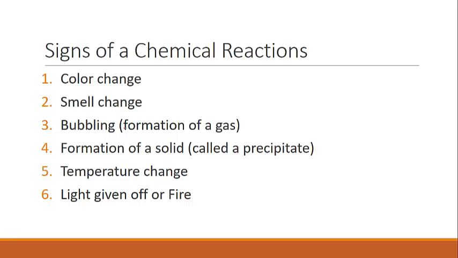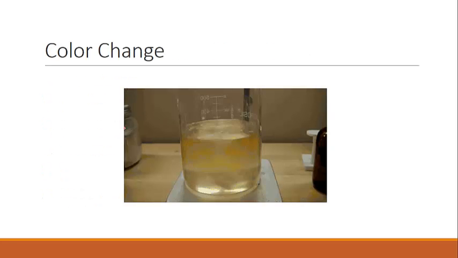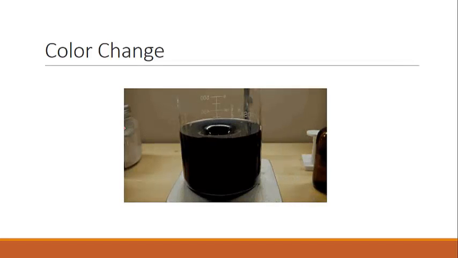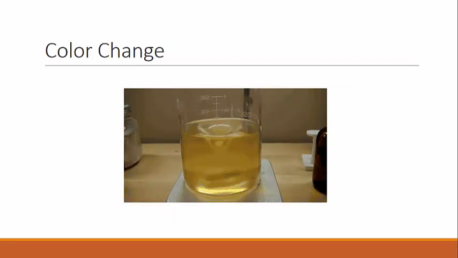So for some of these, I wanted to show you examples of what these would look like. And so the next few slides are just going to show us some examples of chemical reactions. When we see a color change, such as in this video, this is a really dramatic series of chemical reactions known as an iodine clock reaction.